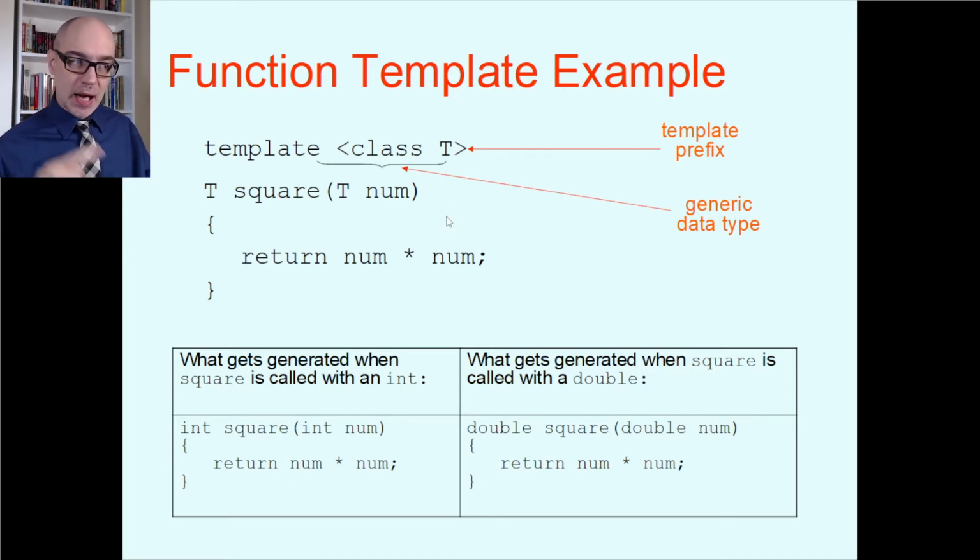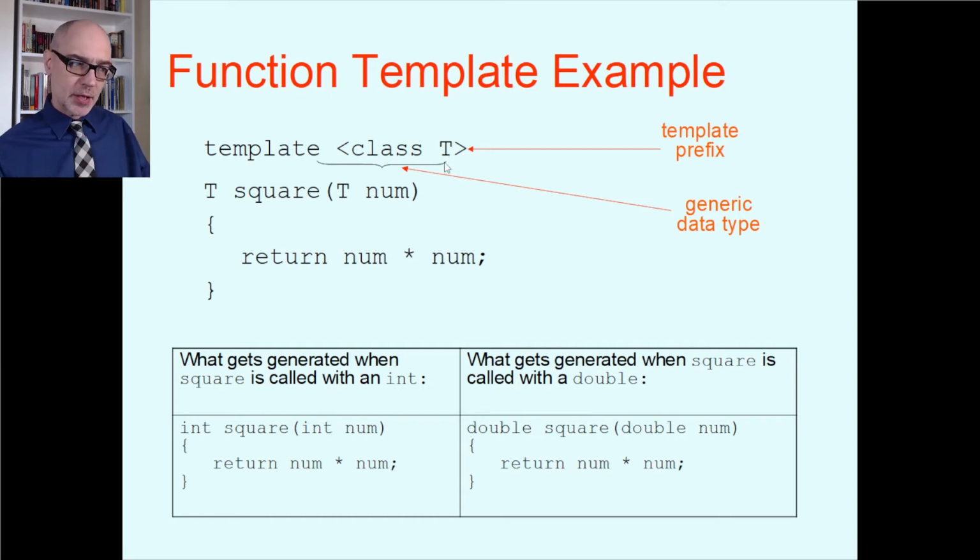It's called a generic data type, and again, to my mind, it's like a variable for a type. So where you'd normally see int or float or char here, you're just going to see capital T instead, and it stands for whatever type you would like to pass into this function. Okay, so class T here.